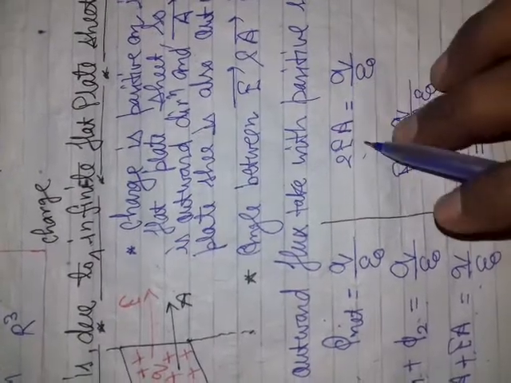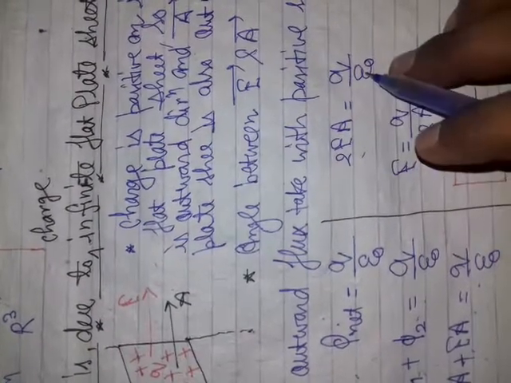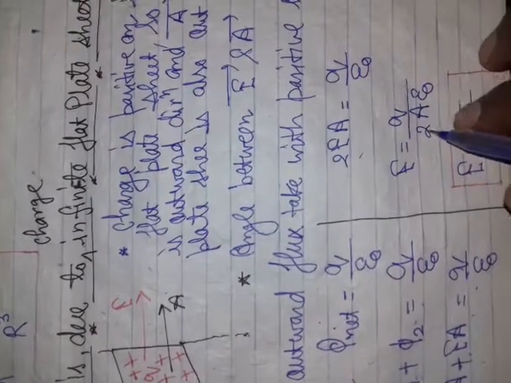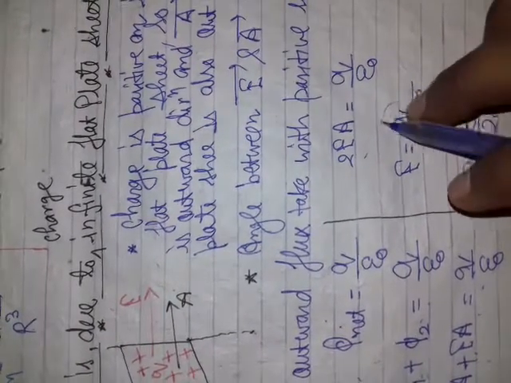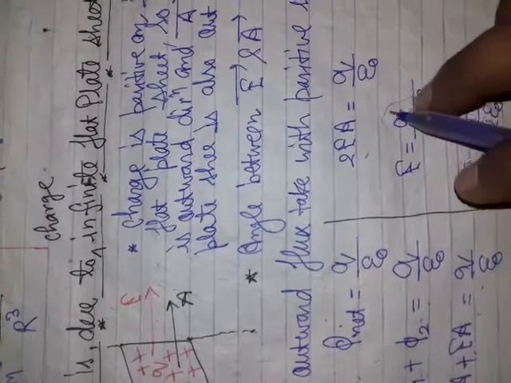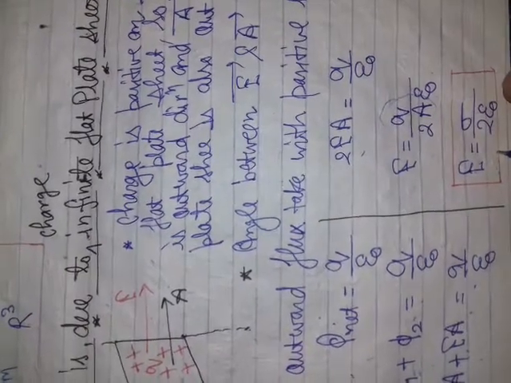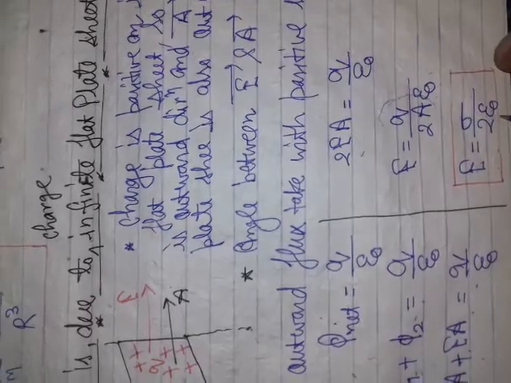By adding these 2A and solving with cross multiplication, we get E equals small q upon 2A epsilon naught. We know that q upon small a is the surface charge density, so the electric field due to an infinite long charge sheet is sigma upon 2 epsilon naught.